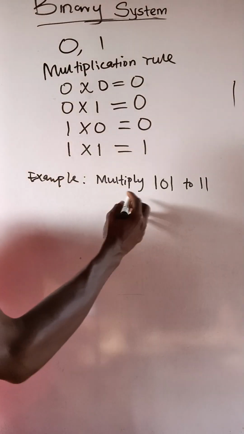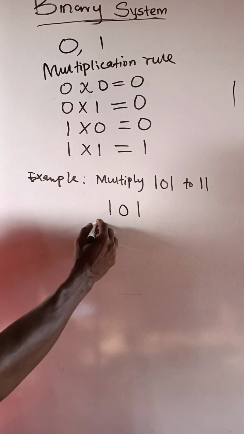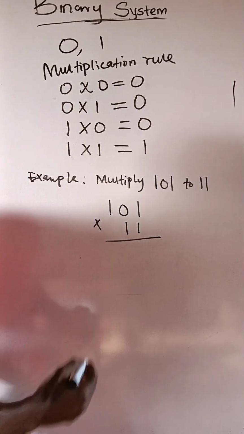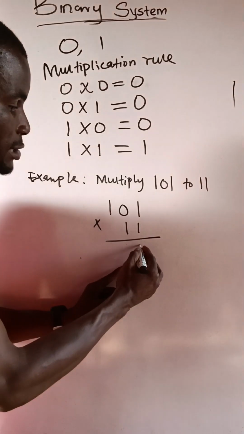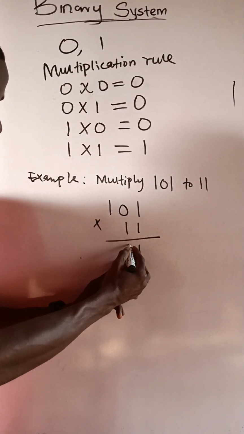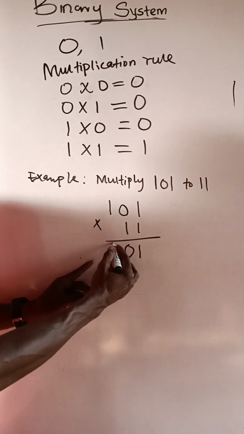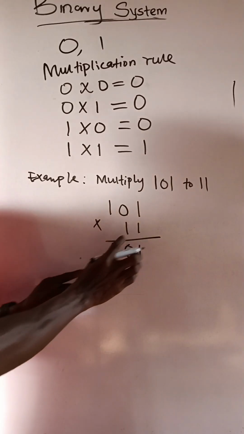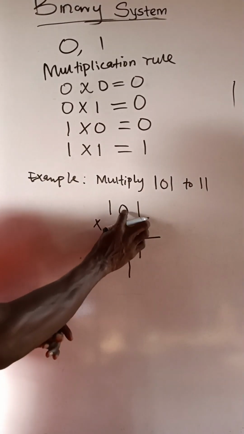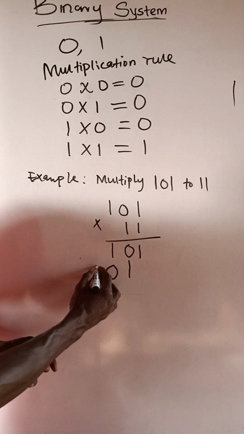Now, for example, we have 101 times 1 1. 1 times 1 is 1, right? 1 times 0 is 0. 1 times 1 is 1. Check the other one. 1 times 1 is 1. 1 times 0 is 0. 1 times 1 is 1.